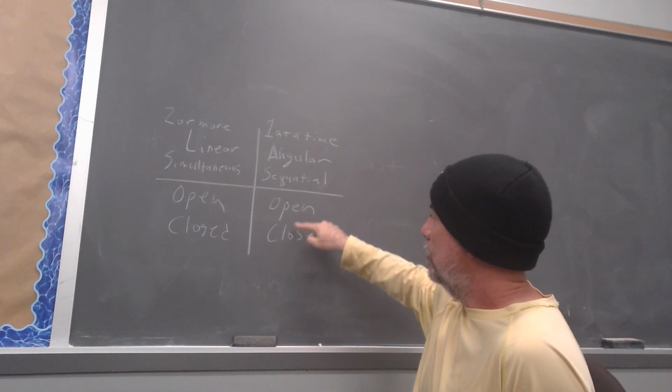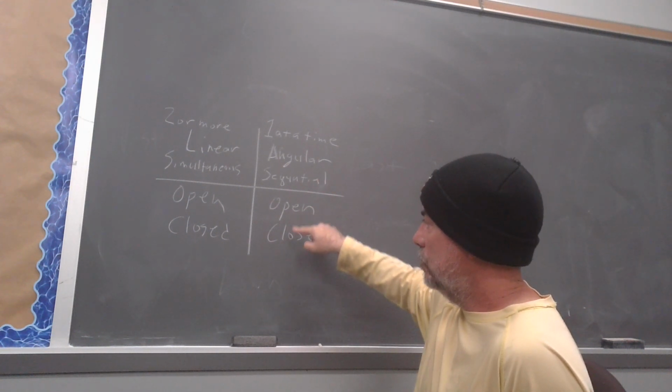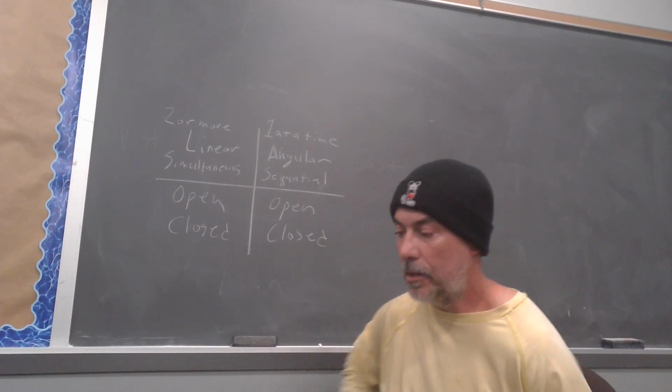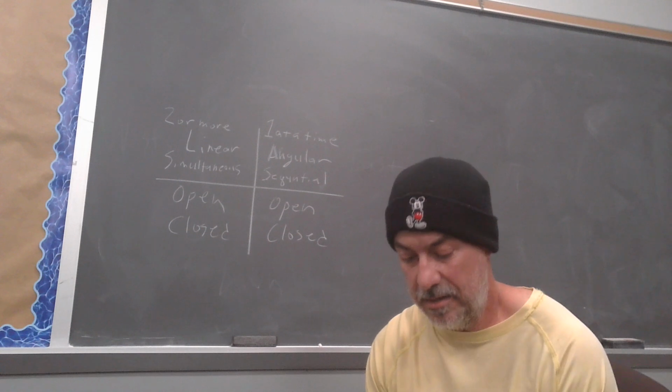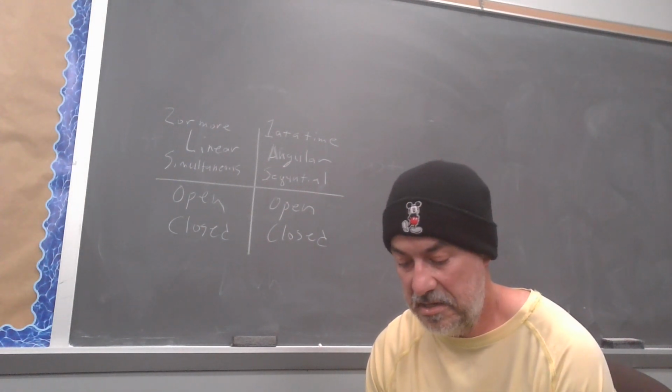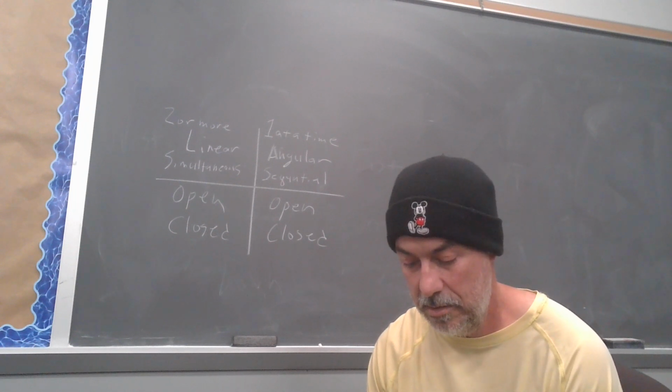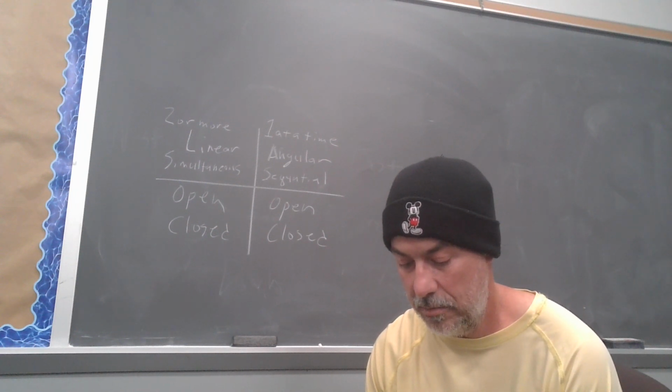And then we have open and closed, distal, proximal options for both. Now, again, for the test, I'm not going to ask you to identify anything other than the ones we go over in class, so I'm going to give them to you right now.